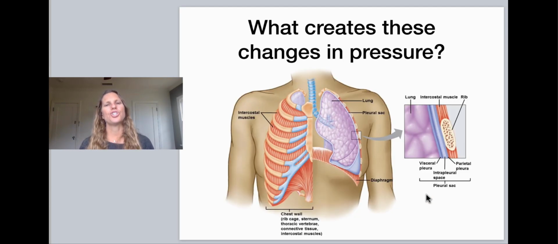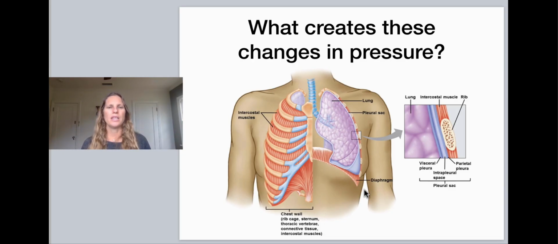So what's driving these changes in pressure is changes in the actual size of the thoracic cavity, which is driven primarily by the contraction of the muscles, right? So the internal intercostals, when they contract, they pull the ribs up. The diaphragm, when it contracts, it moves down, right?